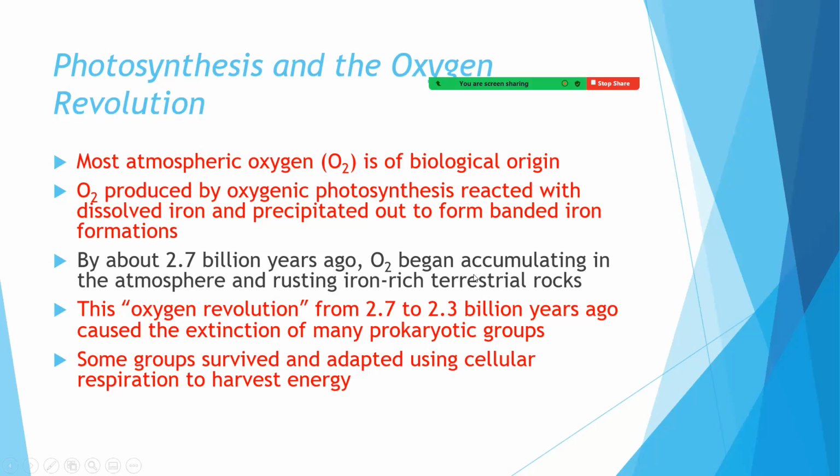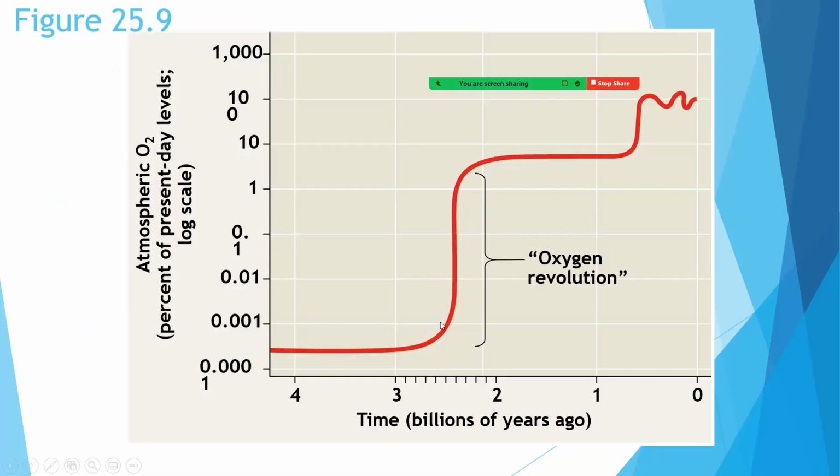So this allowed for these prokaryotic cells to convert into these eukaryotic cells, and then also allowed for formation of these multicellular organisms as well. So again, if we look at the very small percentage of oxygen that was found at the very beginning when the Earth was formed, and then our oxygen revolution between 2.7 and 2.3 billion years ago, a dramatic increase.